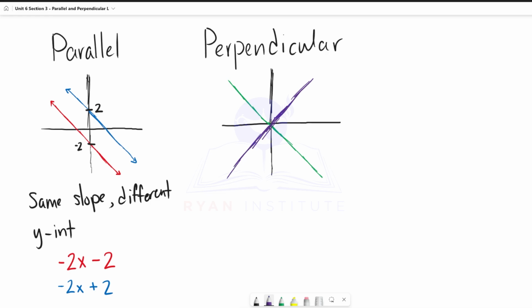This scuffed drawing, right? So if you check any angle of these perpendicular lines, it would give you a 90-degree angle.